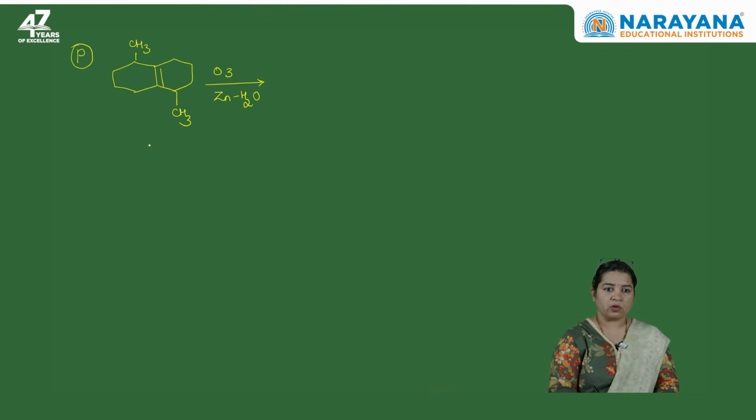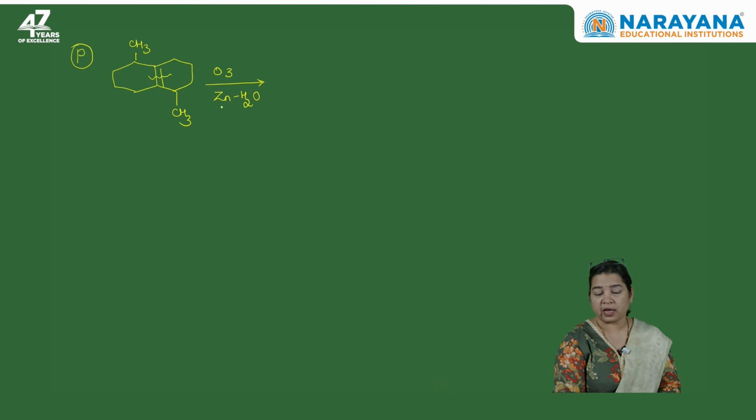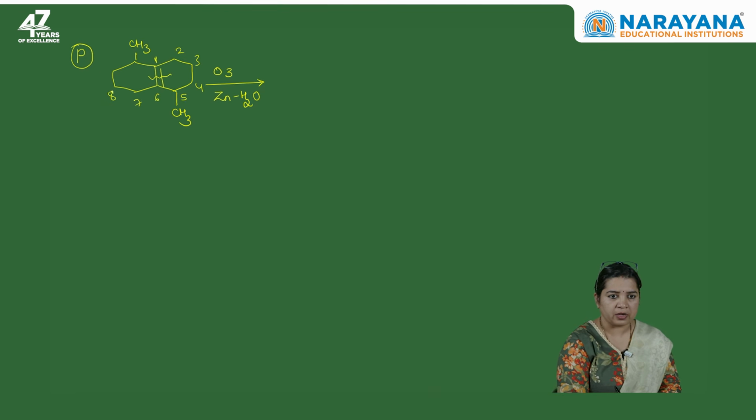Okay, so what will ozone do? Ozone will break this bond. If there were an aldehyde, then whether zinc is there or not would have played a role, but not here. So I would like to number this whole thing: 1, 2, 3, 4, 5, 6, 7, 8, 9, and 10.